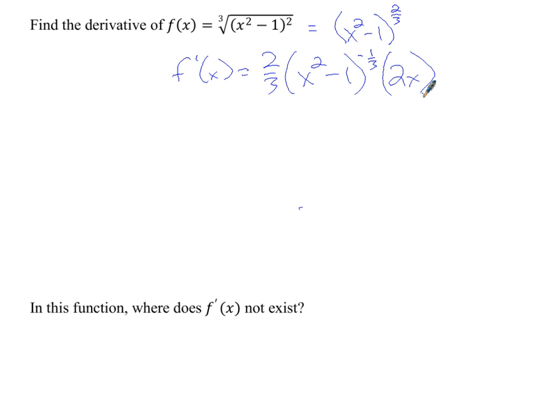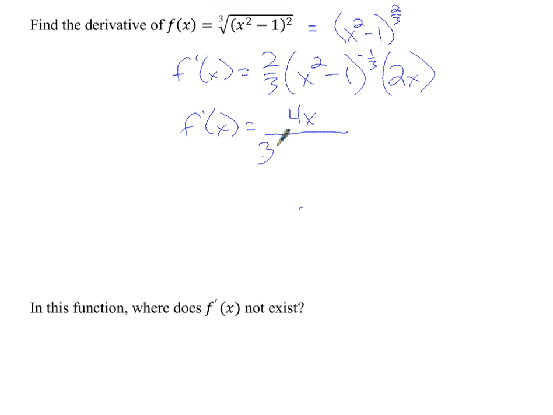Okay, now we're going to have some simplifying to do and also some rewriting because we have a negative exponent. So, f prime of x equals the 2/3 out front and the 2x at the end combined to become 4x over 3, right? Okay, so I have 4x over 3, but I also have this whole thing going in the denominator. So I'm going to do that now.